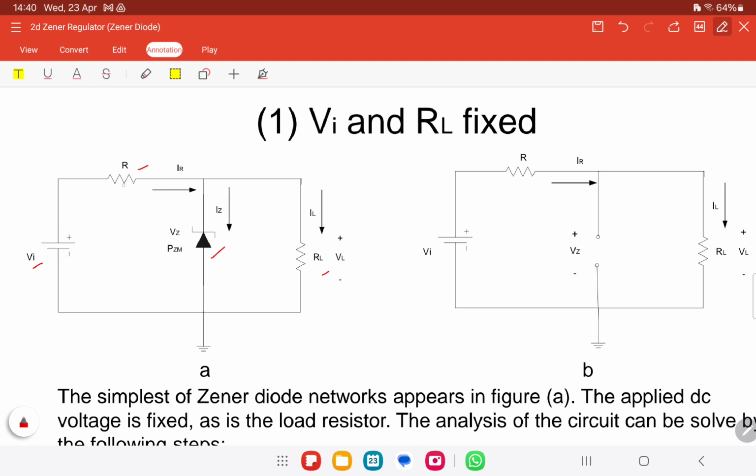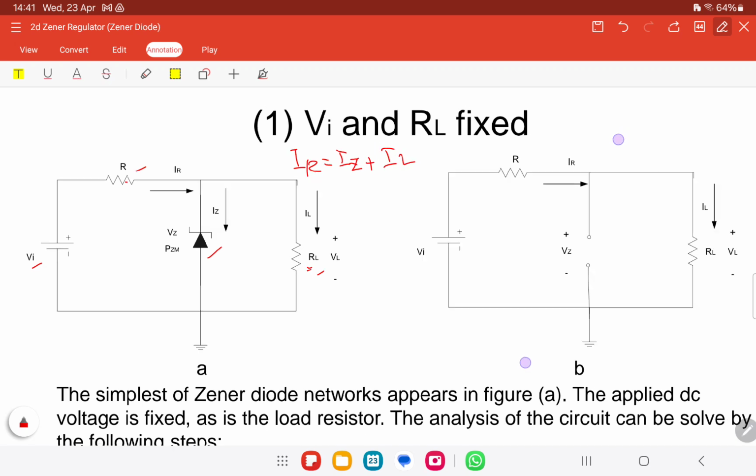IR is the current through the R resistor, IZ is the current that flows in the Zener diode, and IL is the current through RL. So if we do the KCL, IR equals IZ plus IL.